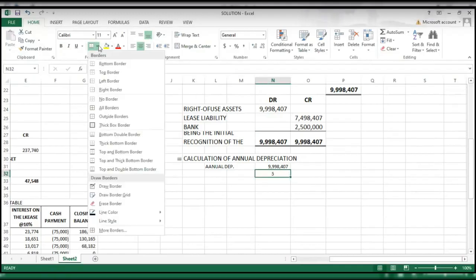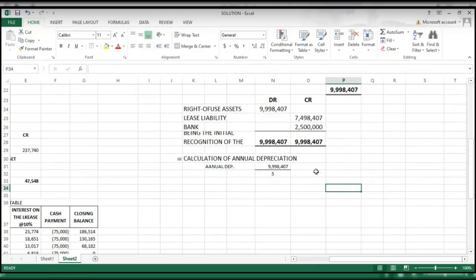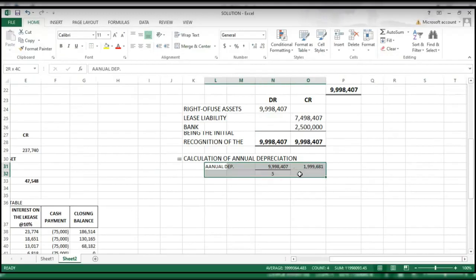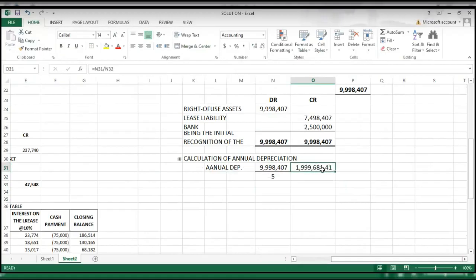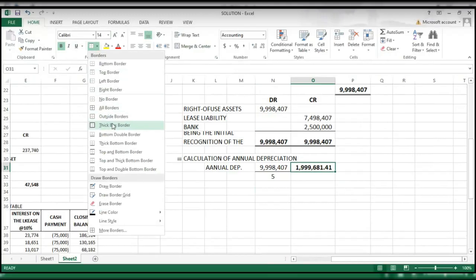You can see that's how to calculate our annual depreciation. This divided by 5 will give us 199,968. That's our annual depreciation value.